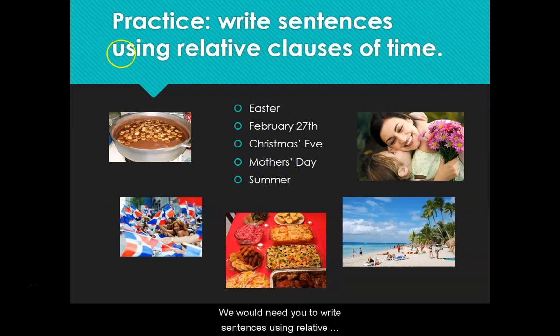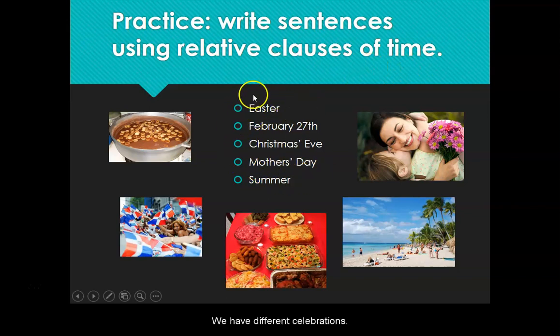We would need you to write sentences using relative clauses of time. We have different celebrations that take place in the Dominican Republic. Easter, represented by sweet beans, of course. February the 27th, which is our Independence Day.